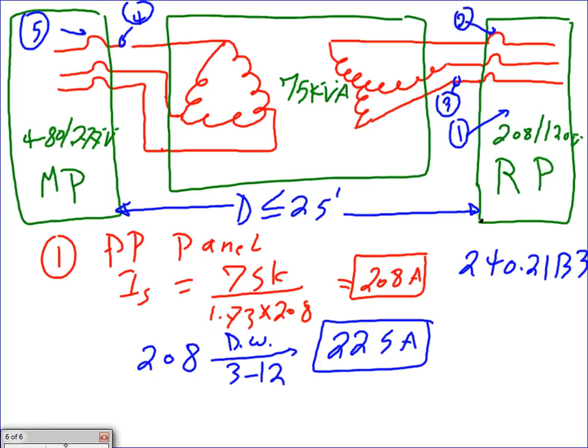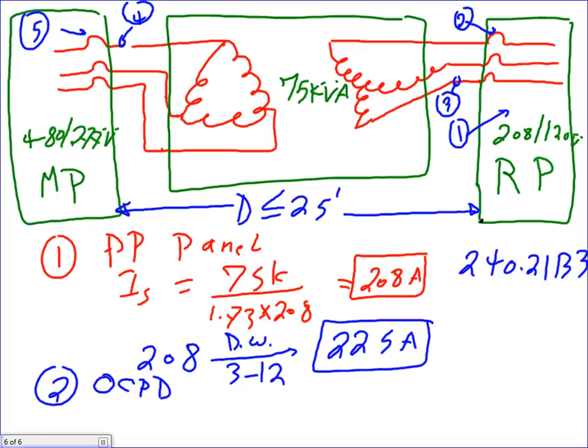Since I'm on it, I want to do number 2, the overcurrent protection device. Now I will bring one thing to your attention. I'm going to do it this way, and don't ask me why. Is this number 2 the secondary overcurrent protection device?